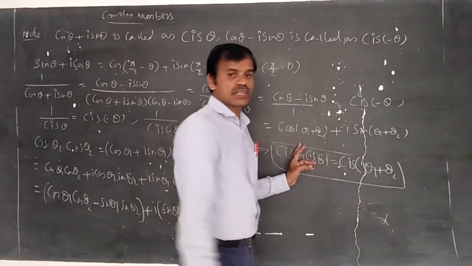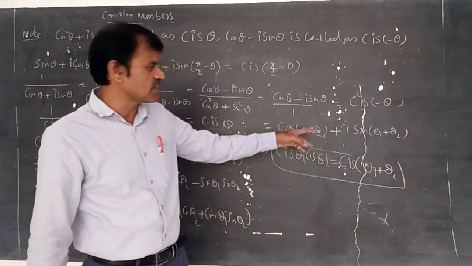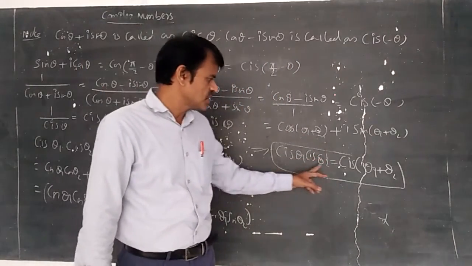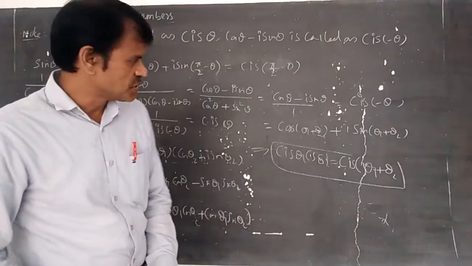Whenever I am writing cos of (theta 1 plus theta 2) plus i sin of (theta 1 plus theta 2), you can write cis of (theta 1 plus theta 2) here.